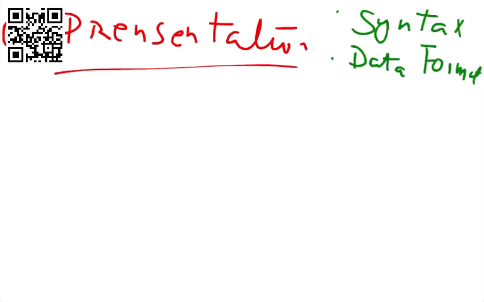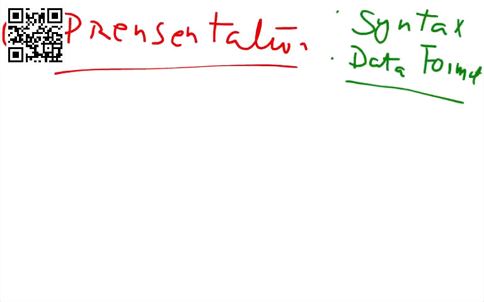If we are receiving data and if we are sending data, then the application layer hands over the data to the presentation layer, and the presentation layer converts that data into a format that computers understand. So the main purpose of the presentation layer is to present the data.